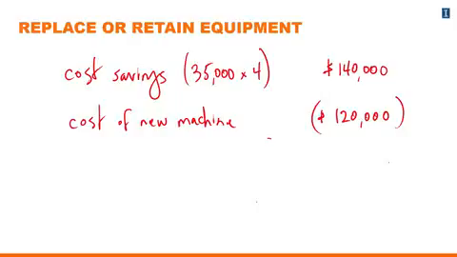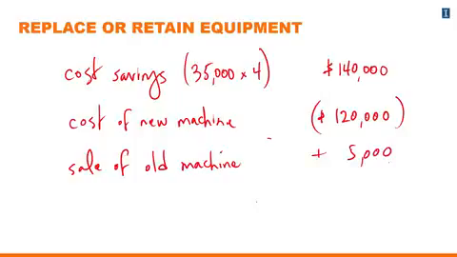And then we have the sale of the old machine. That amount would occur if we were to replace it with the new machine right now. We would sell that machine for $5,000. And that would be a plus to our consideration.